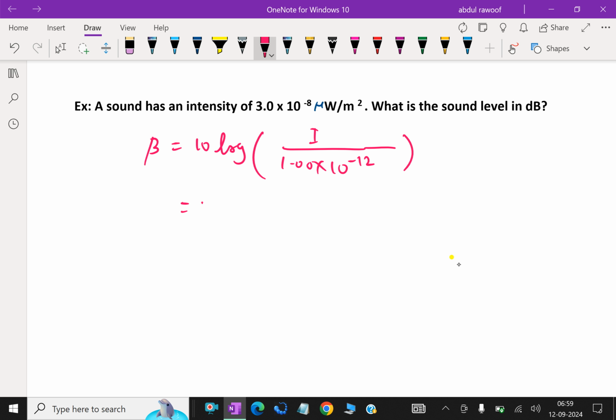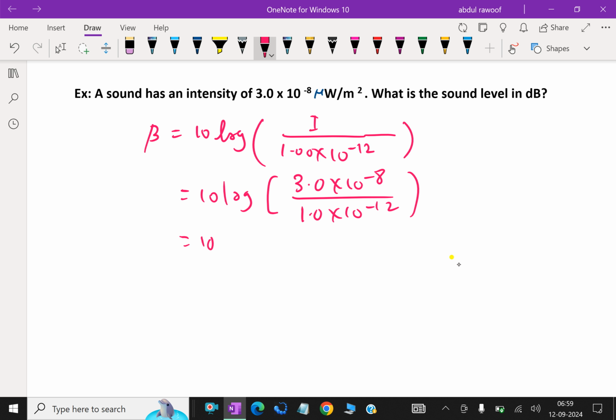Now this is further equal to 10 log. Intensity is given as 3.0 into 10 power minus 8 over 1.0 into 10 power minus 12, which is equal to 10 log of 3 into 10 power minus 8 over 1 into 10 power minus 12.